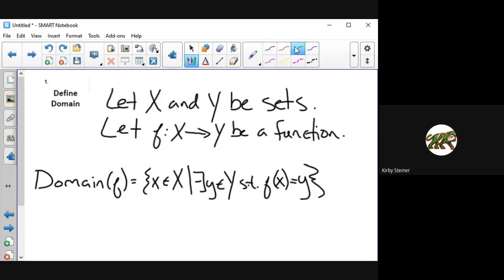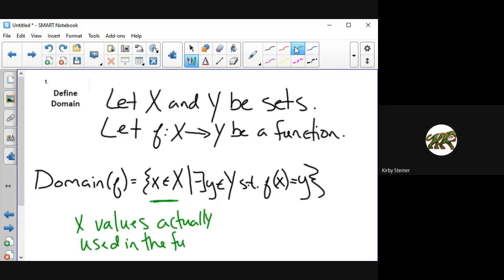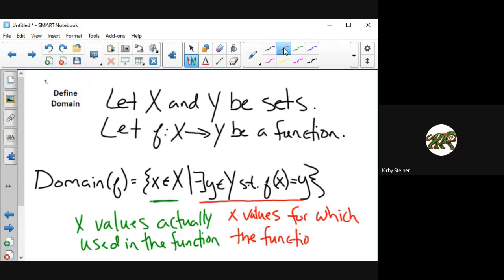So the x in X part means we're only looking at the x values actually used in the function, and there exists a y in Y such that f(x) = y means we're looking at the x values for which the function is defined.